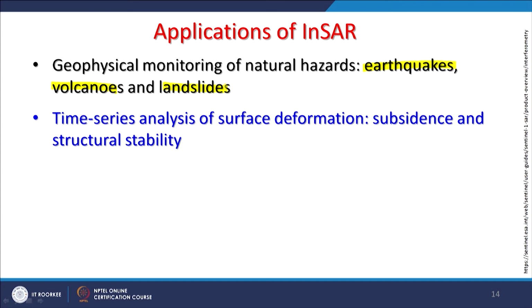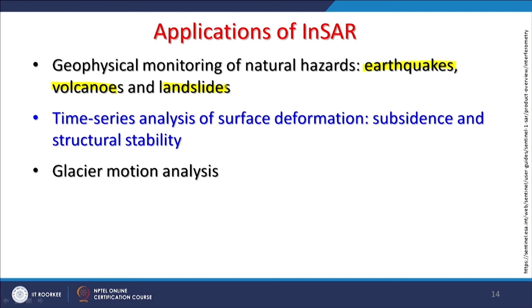Time series analysis of surface deformation, that is through persistent scatterers or PSI, can also estimate subsidence or structural stability. We hear a lot of things about some monuments getting deformed or some area subsiding.